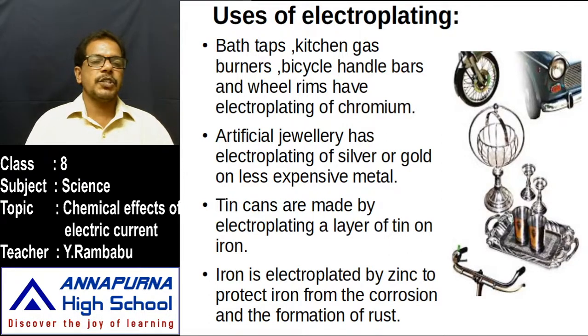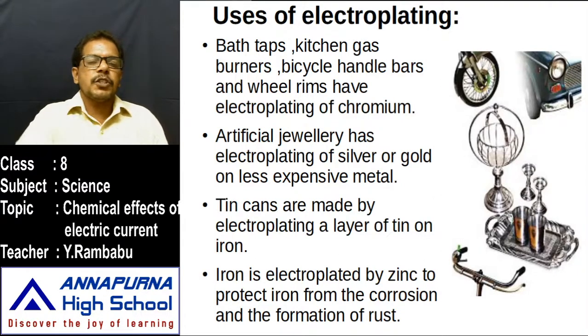And artificial jewelry, we observe 1 gram gold, like that. That means on a less expensive metal, a high cost, non-corroding metal, silver or gold, is given as a coating by using this electrolysis process. Next, to store food materials, what do we use in our daily life? Tin cans. Generally the tin cans are made of iron.